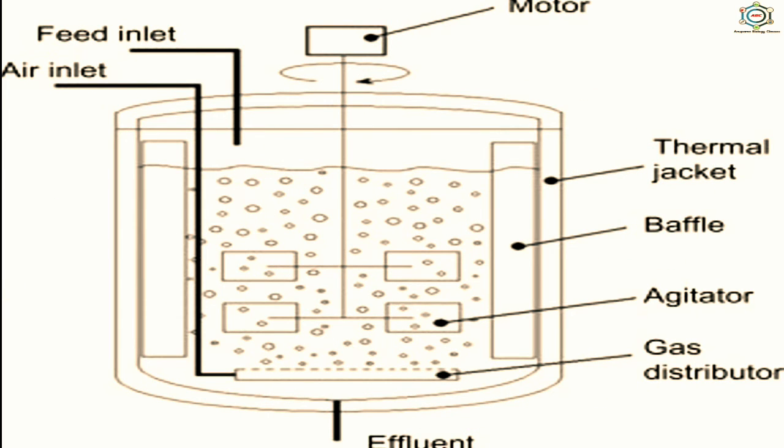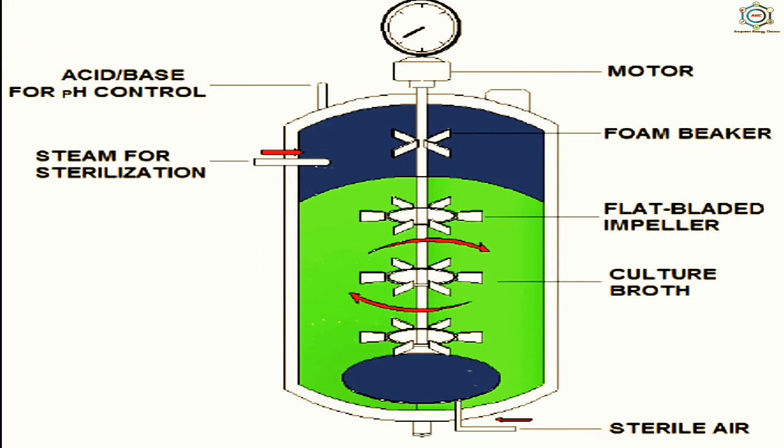Bioreactors are large vessels having a volume of 100 to 1000 liters, which are used for biological conversion of raw materials into specific products. Each bioreactor has a cylindrical stirred tank to facilitate the mixing of contents. The stirrer provides mixing of the contents as well as the availability of oxygen.